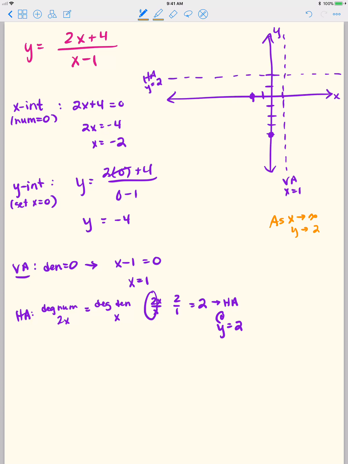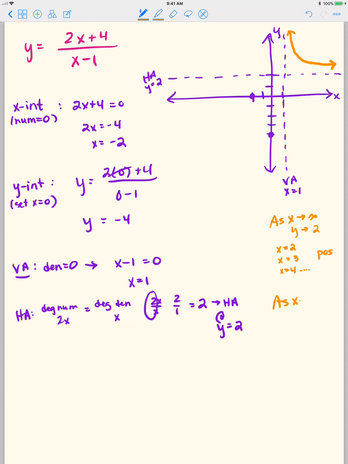So if we look at the function for x values like 2, 3, 4, you can plug them in and see what happens, but it's going to be positive. Plus, if you're looking for where the graph lives on this right half, it doesn't have any other x-intercepts, so it has to live in this upper region for the right half of the graph.